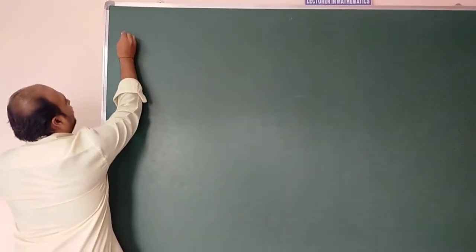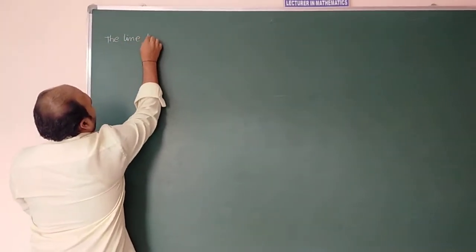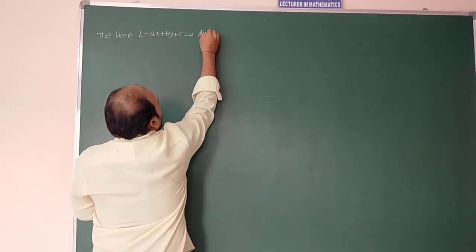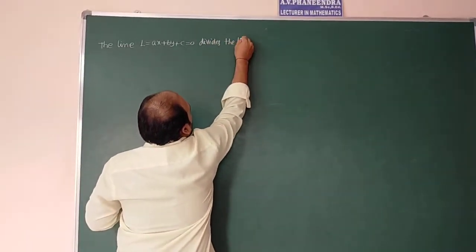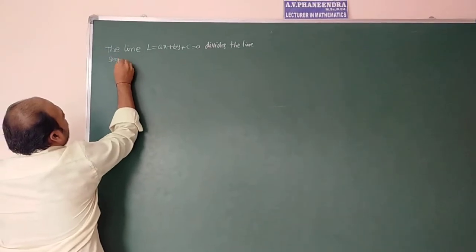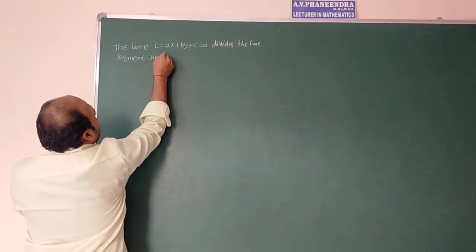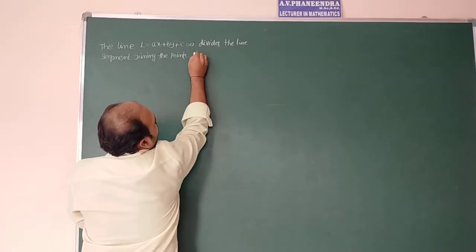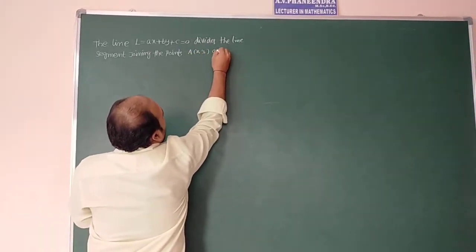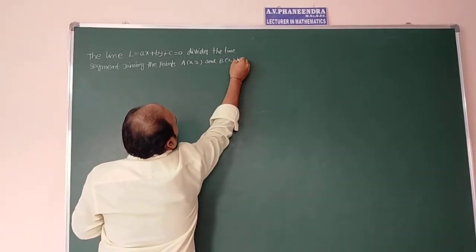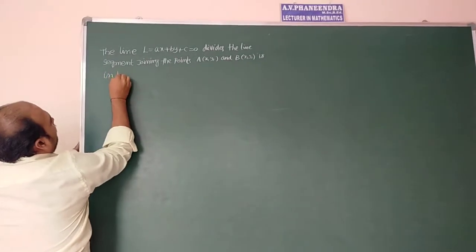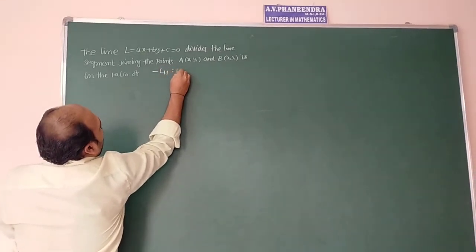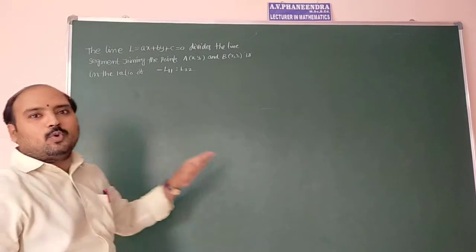Well, before that heading I am going to write: the line L equal to ax plus by plus c equal to 0 divides the line segment joining the points A of x1 y1 and B of x2 y2 is in the ratio of minus L11 is to L22. This I am going to prove that.